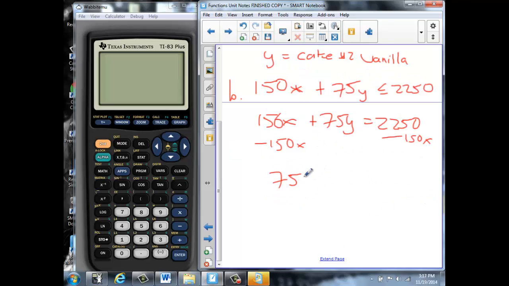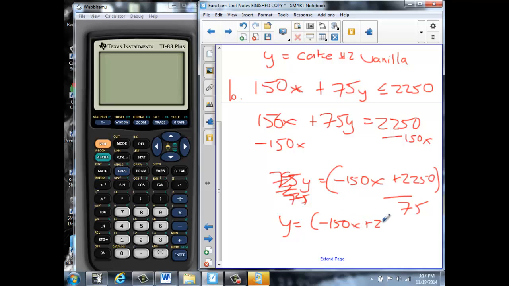So doing this in steps, 75y will equal negative 150x plus 2250. When you divide by 75, make sure to divide everybody by 75. And so your equation will be this. Y equals bracket negative 150x plus 2250, all divided by 75.